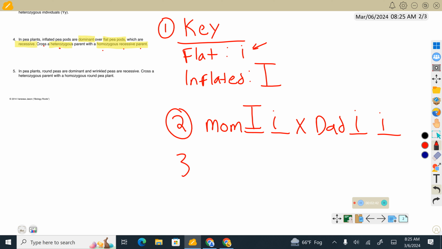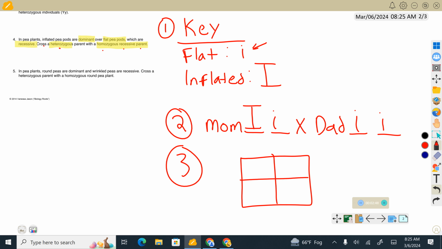Step 3 is to put these genes into the Punnett square and then to solve. So when you're drawing your Punnett square with a monohybrid cross, put the mom's genes, these 2 genes, on this side, and put the dad's genes up here. So what I'm going to have for the mom, I'm going to have big I, little I, and then for the dad, since he's homozygous recessive, little I, and then I cross.